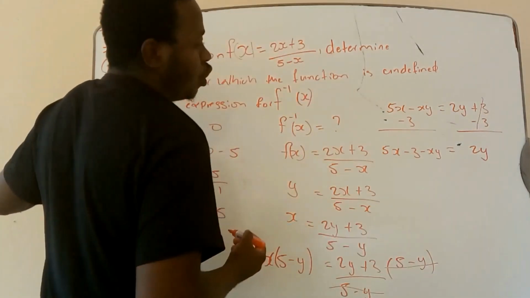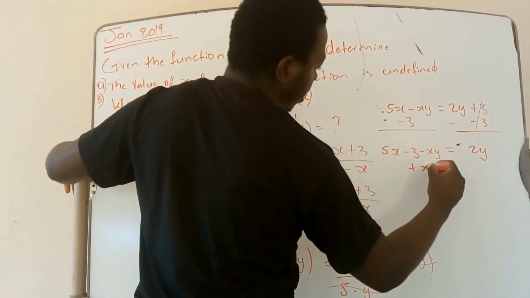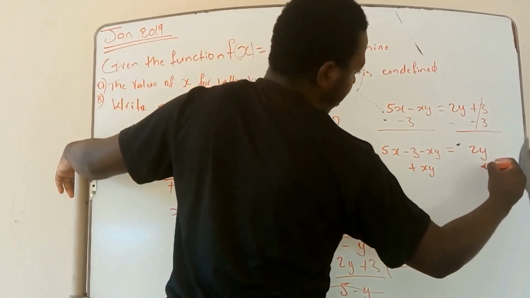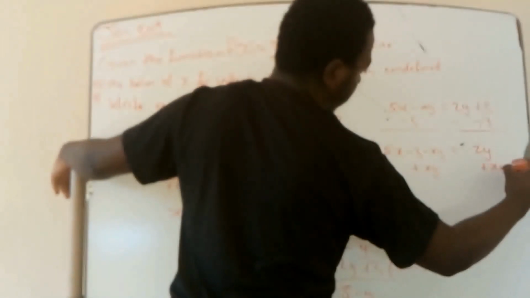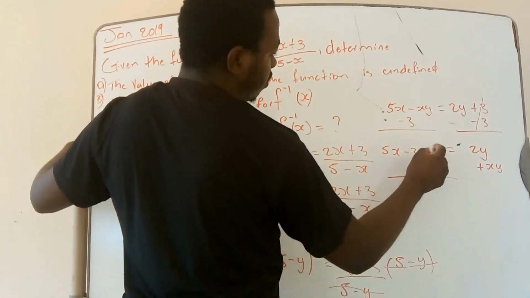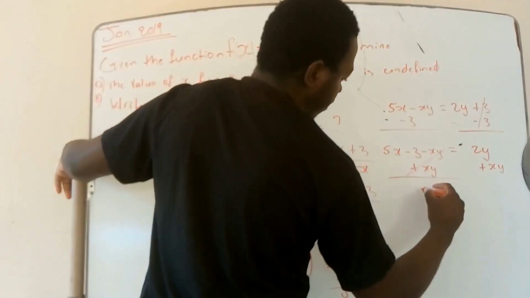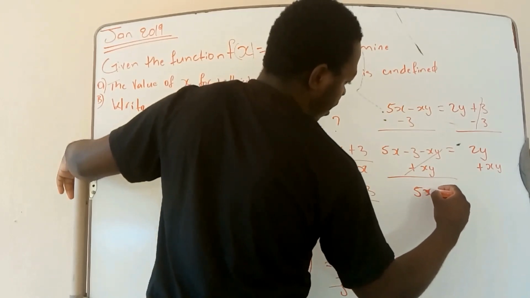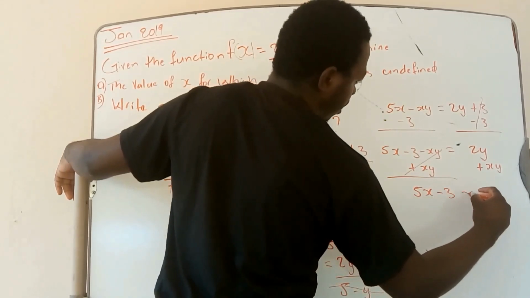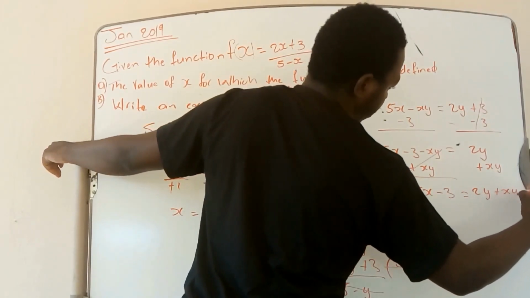Right? Now I need to get rid of this xy, so I'm going to add xy to this side, and I'm also going to add xy to this side. Negative xy plus xy, that's a 0 there. So on this side I'm left with 5x minus 3 is equal to 2y plus xy.